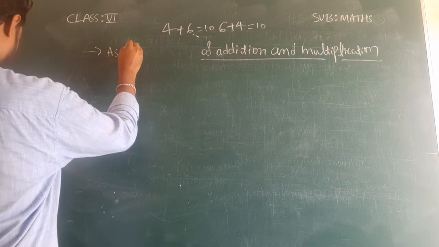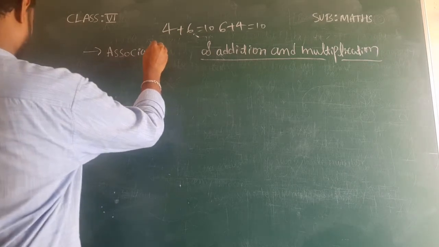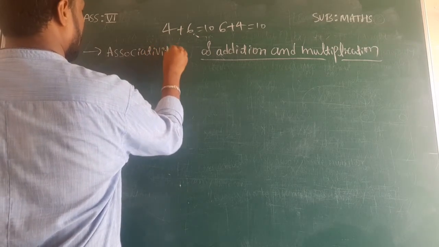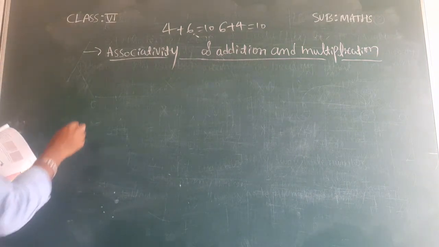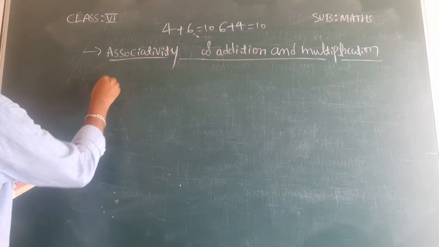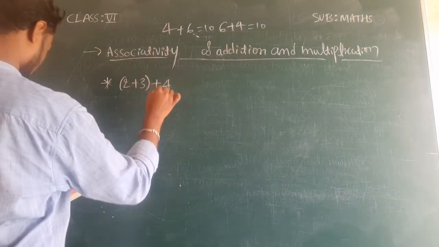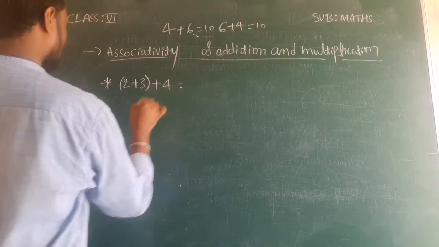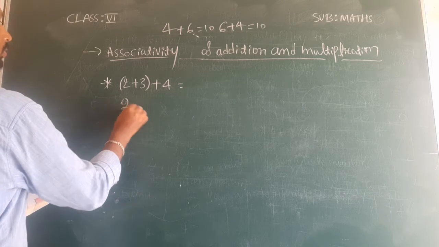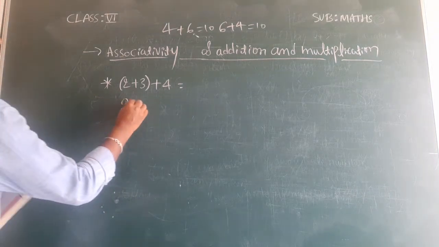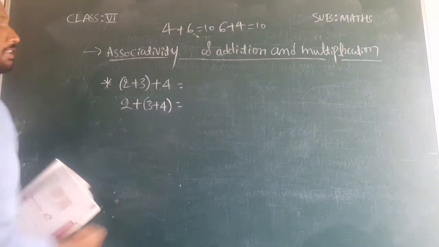Associativity. So for this associativity, what they did here, they have given values, that is 2 plus 3 plus 4 is equal to, and here 2 they have written outside the bracket, then 3 plus 4 we will add inside the bracket.